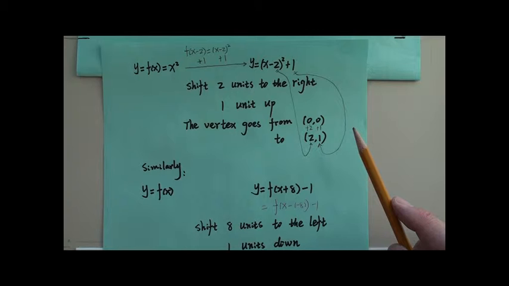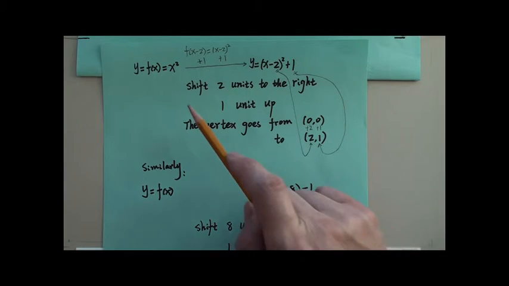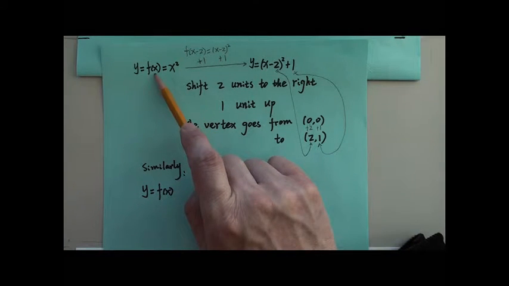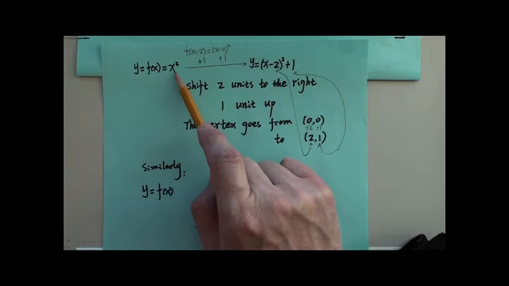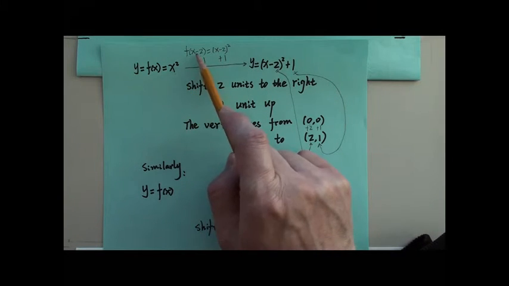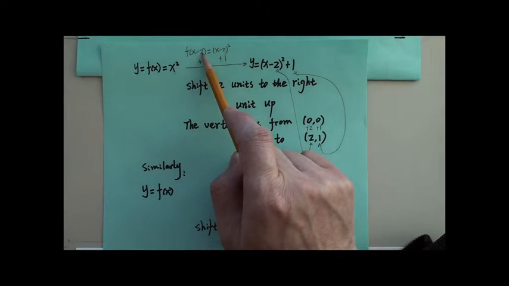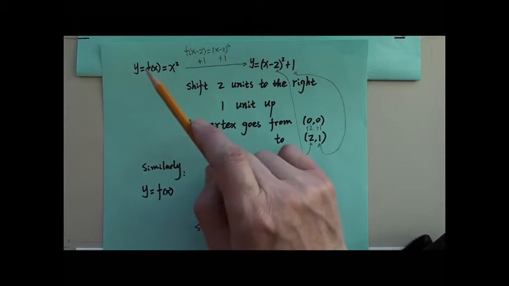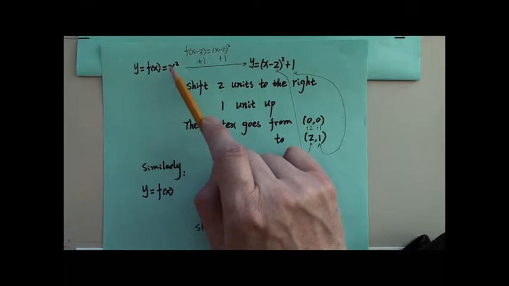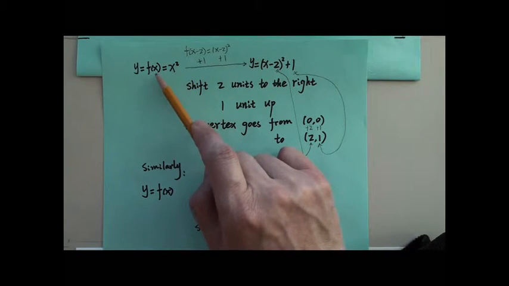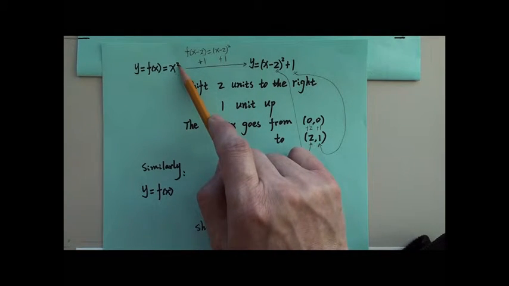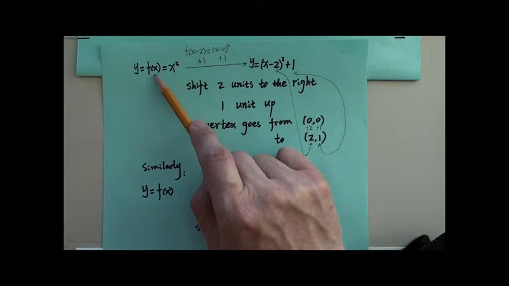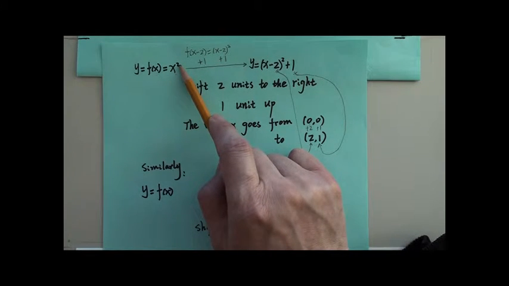Now here we have f of x involved. f of x equals x squared. Then what is f of x minus 2? How does it look? If here is 1, here will be 1 squared. If here is 2, here will be 2 squared. If here is 3, it will be 3 squared.